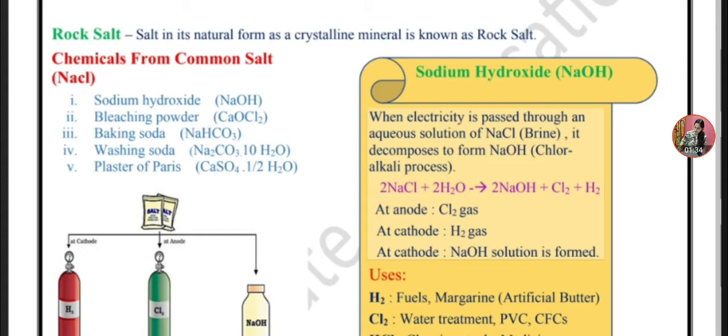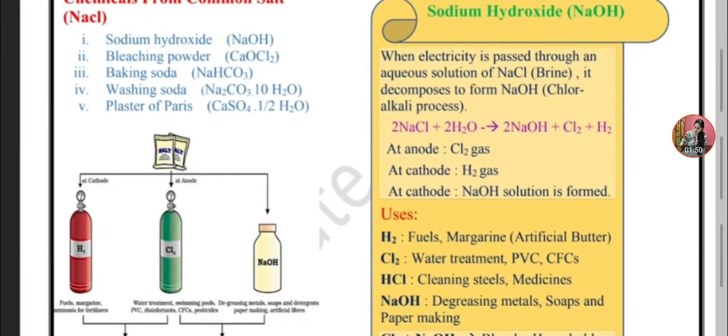What are the chemicals we get from the common salt? Common salt means which you use at your home, that is NaCl, sodium chloride. Sodium chloride gives many chemicals. A few of them we discuss here. First is our sodium hydroxide, that is NaOH.